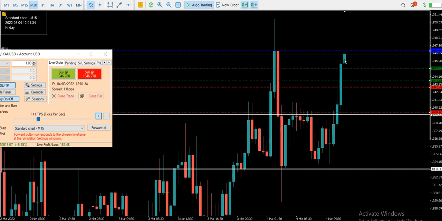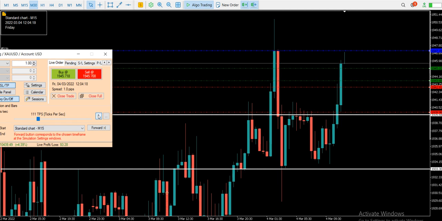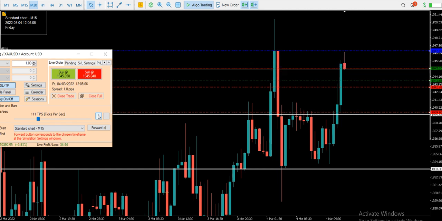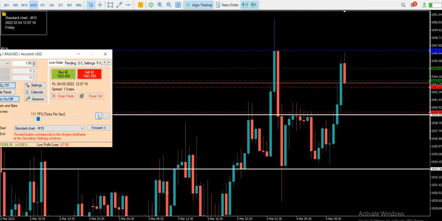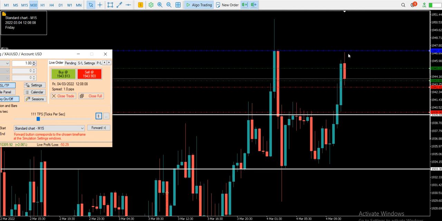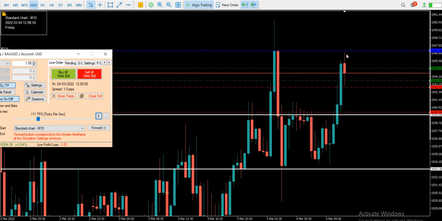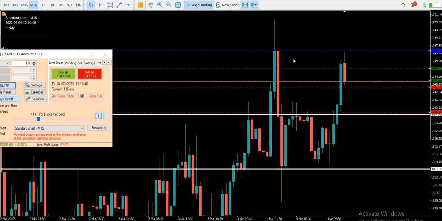We are approaching the target almost, but let's just wait for it to hit it, if it hits it or not. Okay, I think I should have closed this trade over that area, but just wait to see what happens.